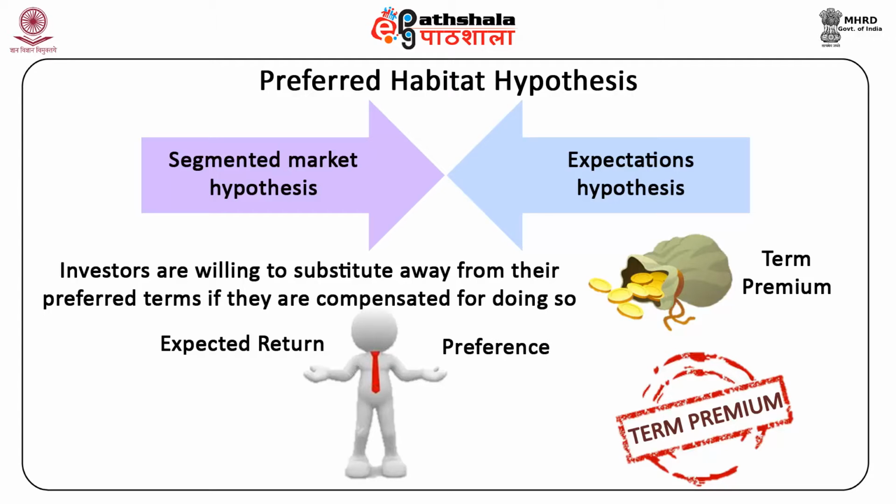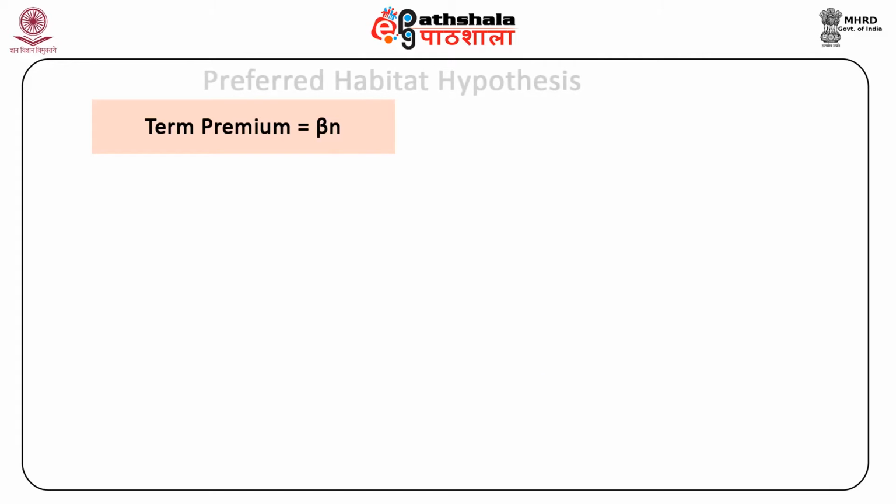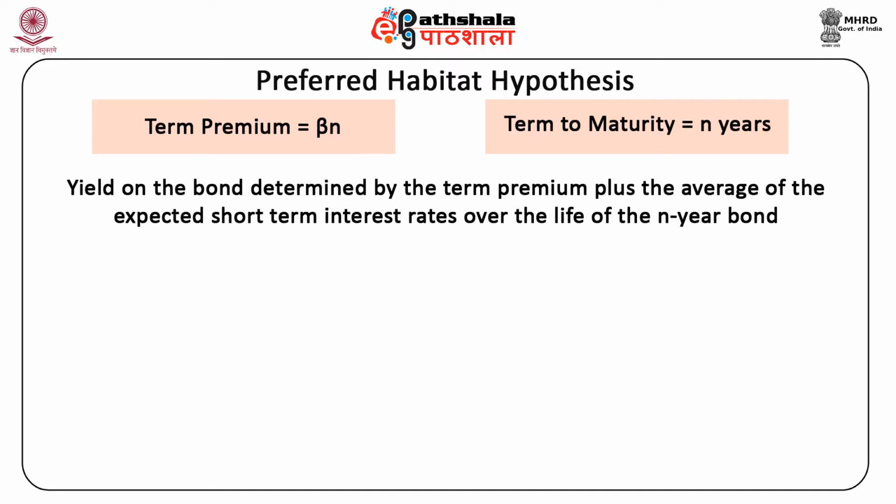An investor will purchase a financial instrument with an undesirable term to maturity only if the investor receives a term premium. If we let beta n be the term premium required on a bond with a term to maturity of n years, the preferred habitat hypothesis states that the yield on the bond, I_n, is determined by the term premium plus the average of the expected short-term interest rates over the life of the n-year bond.